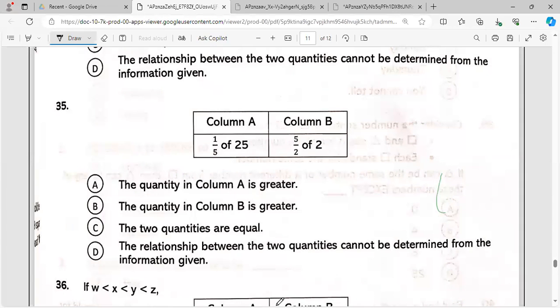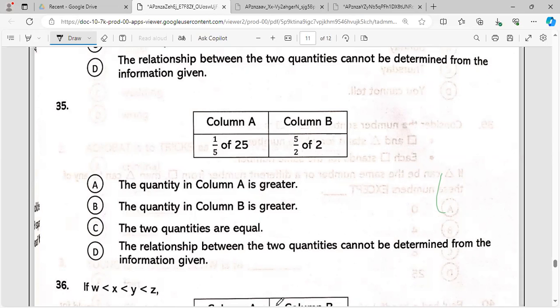Alright, go ahead. It said that column A is 1/5 of 25, and column B is 5/2 of 2. That question looks like it's asking which one is larger. So, sir, I think the answer is 5.